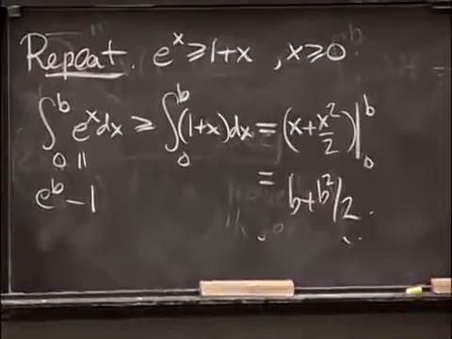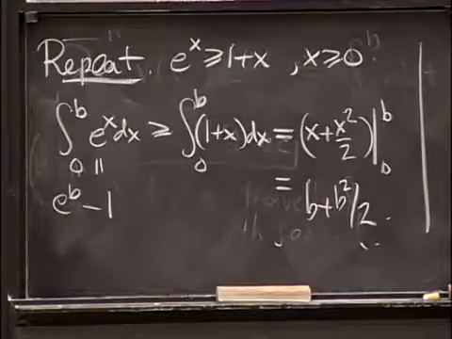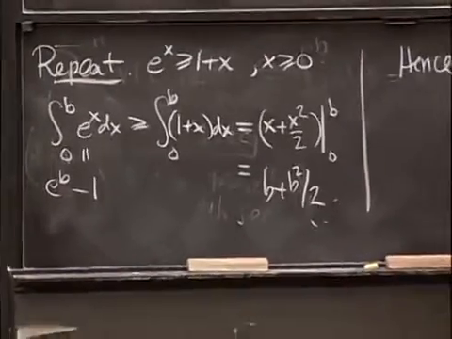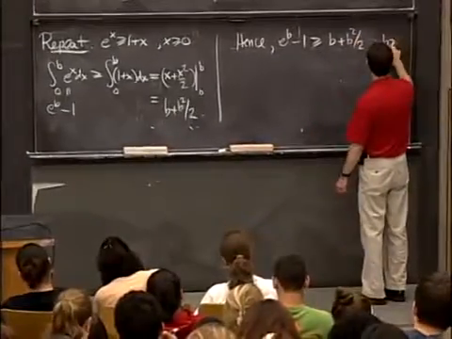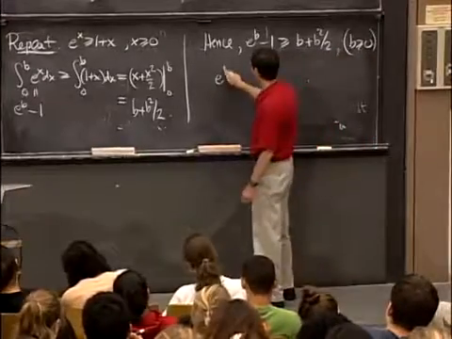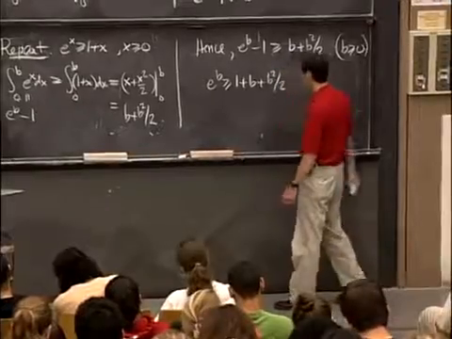And so our conclusion is that the left side, which is e to the b minus 1, is greater than or equal to b plus b squared over 2. And this is for b greater than or equal to 0. And that's the same thing as e to the b greater than or equal to 1 plus b plus b squared over 2.